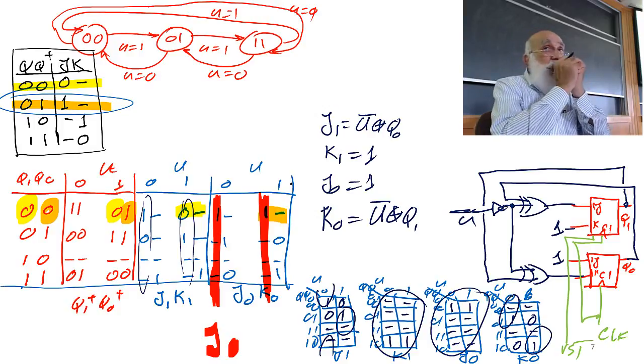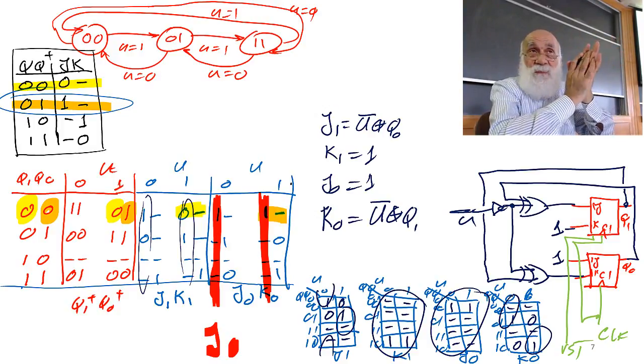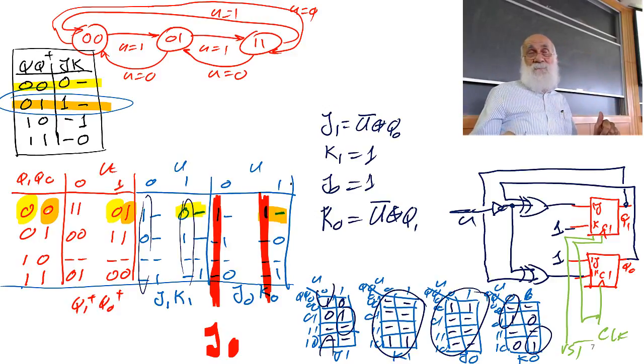All right. So what I've shown you is you can take a problem description, turn it into a state machine, turn it into a state diagram, and turn that state diagram into a circuit like this. Okay? But then the state diagrams I showed you were mainly for counters.